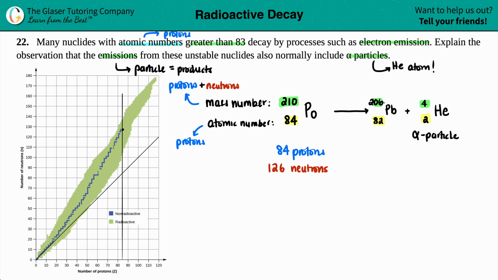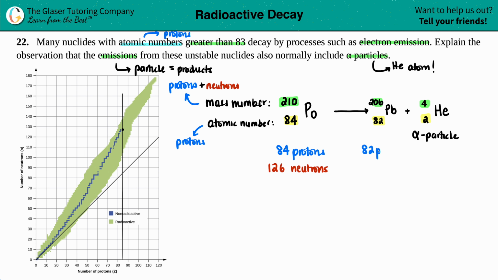Now, if we track where this guy is, let's see where we're at. We're now at 82, and 206. Actually, just kidding, we have to do the protons and the neutrons. Were you screaming at me?